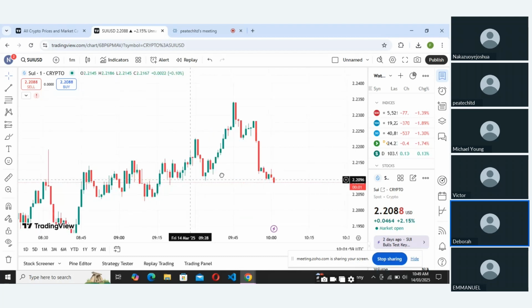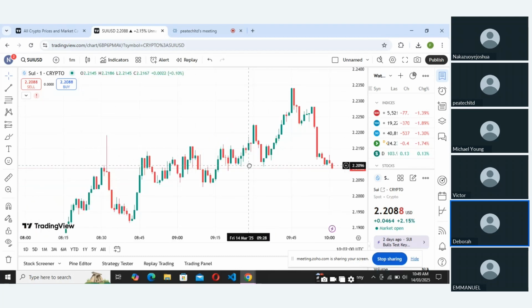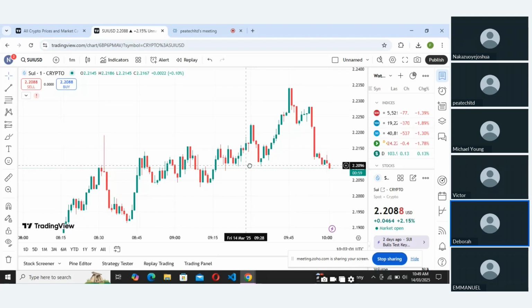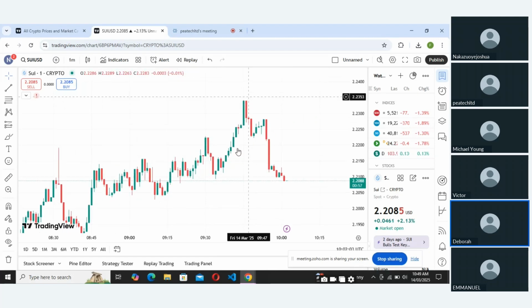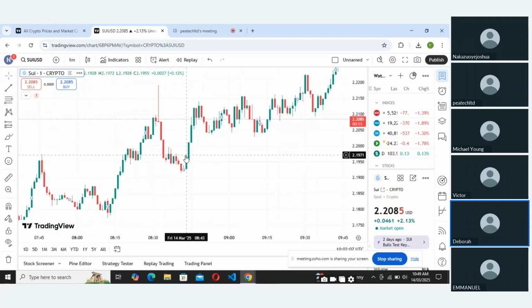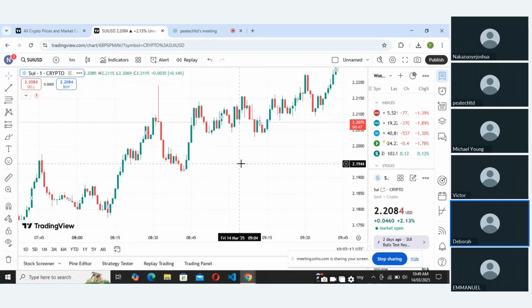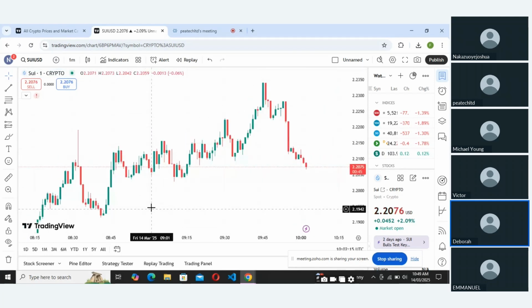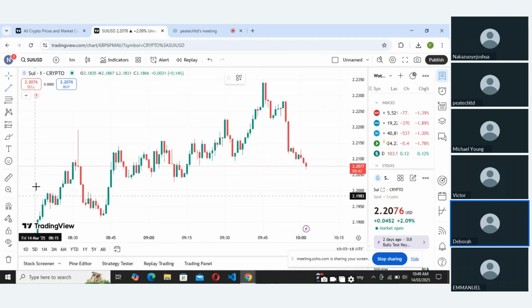So if I analyze this market from this support level where the market picked back, I would say this is an upward trend.